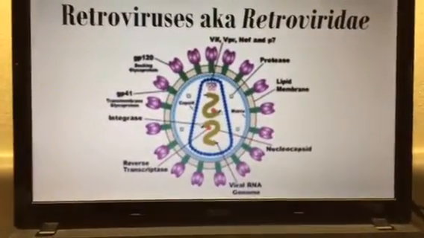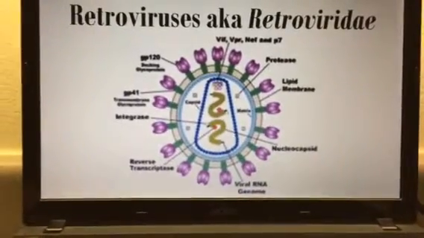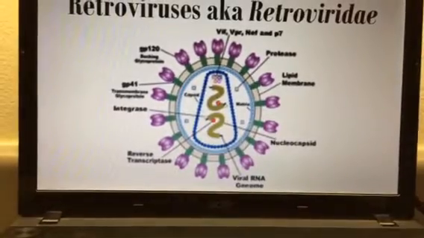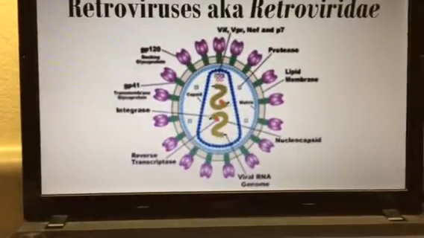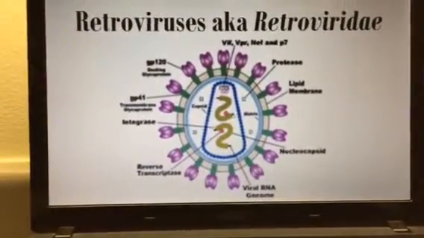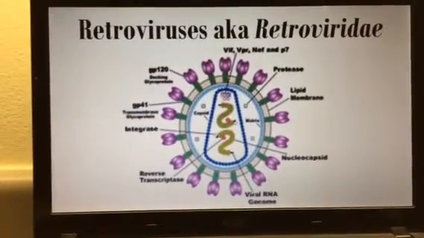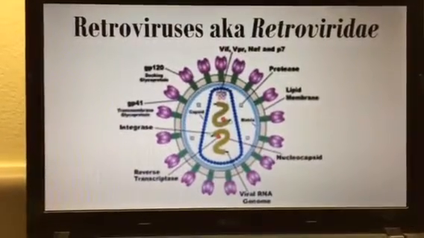Retroviruses include HIV, which causes AIDS, and HIV enters through direct diffusion. HIV infects T cells, which are a type of white blood cell, and this prevents the body from being able to produce antibodies.